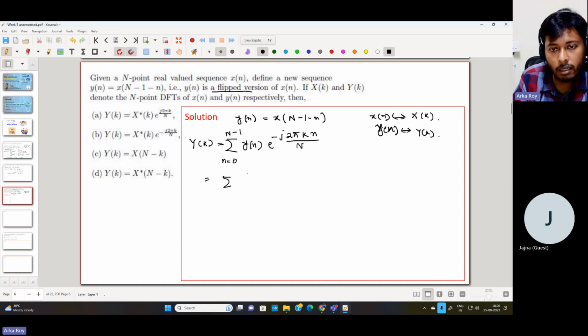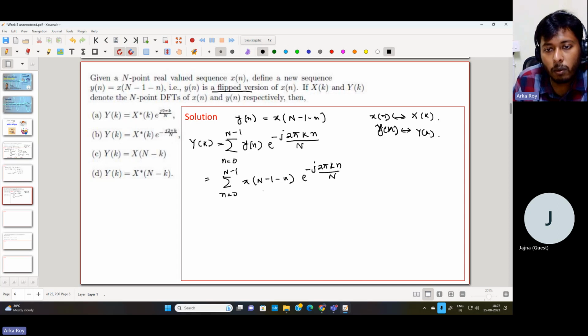So I can write y of n as x of N minus 1 minus n, and then e to the power minus j 2 pi k n divided by capital N, and n is from 0 to N minus 1. So now we can see that we can change the variable. So let us consider N minus 1 minus small n is equal to m.